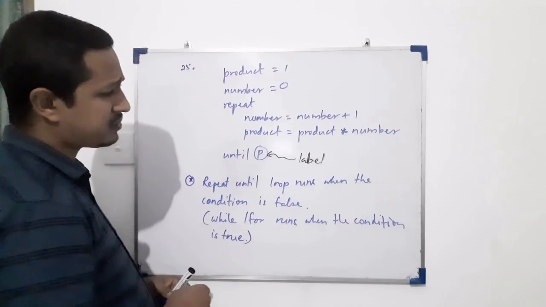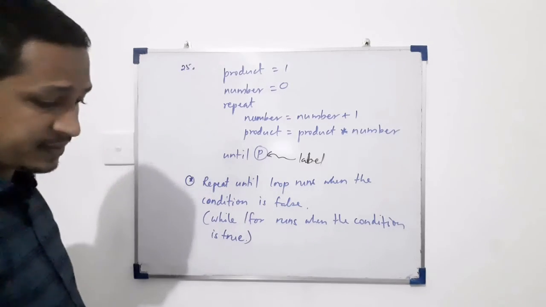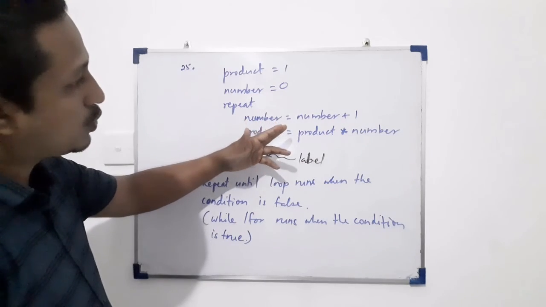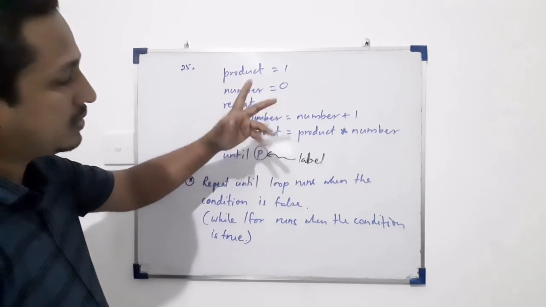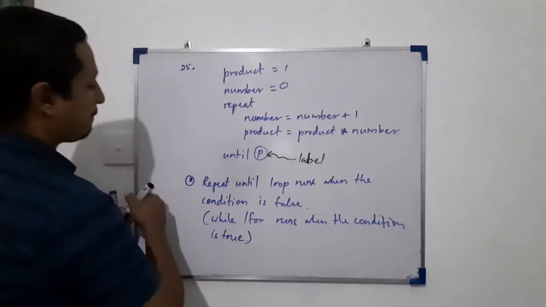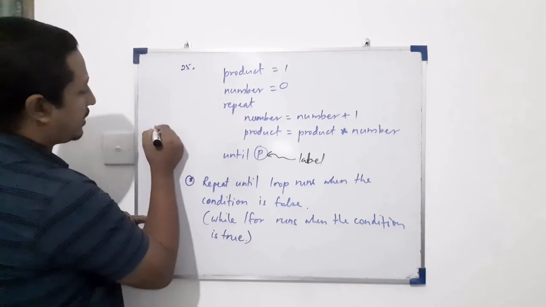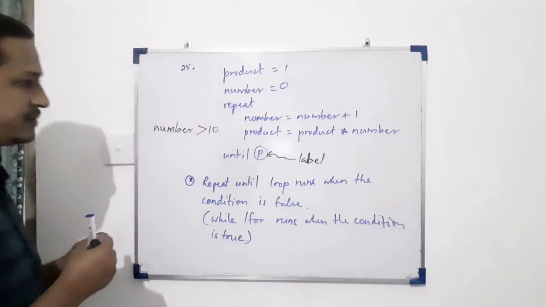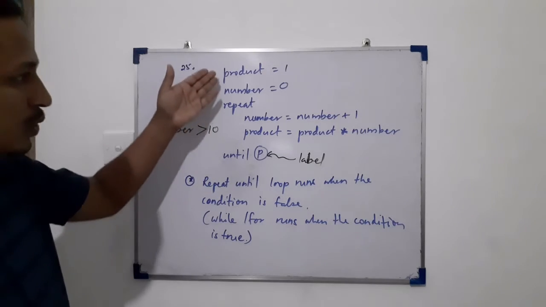So here, to get the numbers from 1 to 10, the number should be updated from 1 to 10. Therefore, you have to put here number greater than 10. So let's go through these ones.